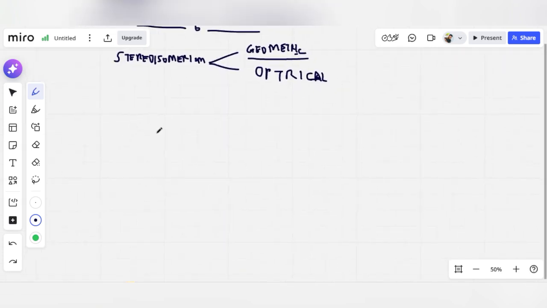Take for instance a carbon attached to 4 different substituents. Let's say we have H, CH3, OH, and let's say bromine or something.